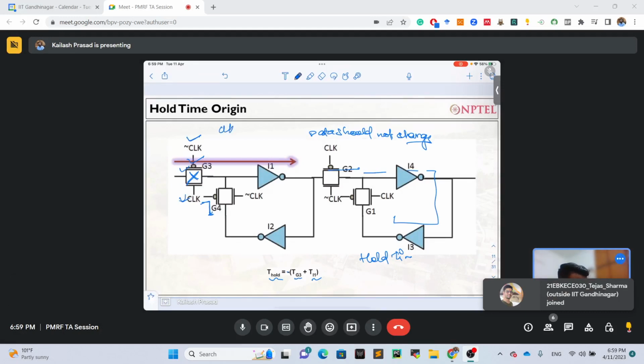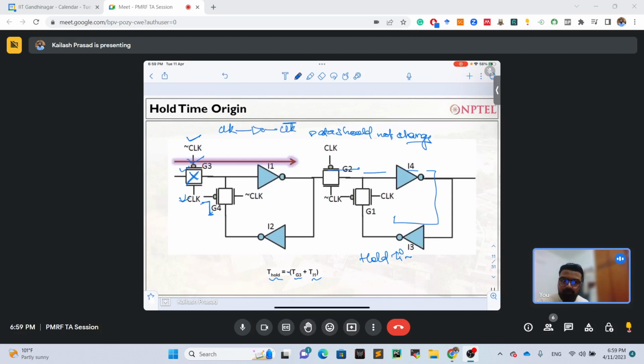If there is a clock, you put an inverter and you get the clock bar. So the clock and clock bar will not be generated at the same time. If the clock goes from 1 to 0, the clock bar will go from 0 to 1, but after some time, and this time will be the inverter delay.